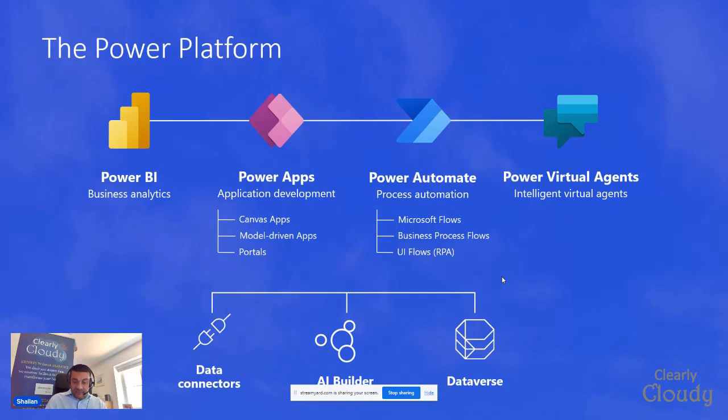Think of Dataverse as a database. It is really a database, but it used to be known as the Common Data Model because there are lots of entities as standard that you could take advantage of. So things like employee information, contact information. So there are tables in Dataverse as standard.